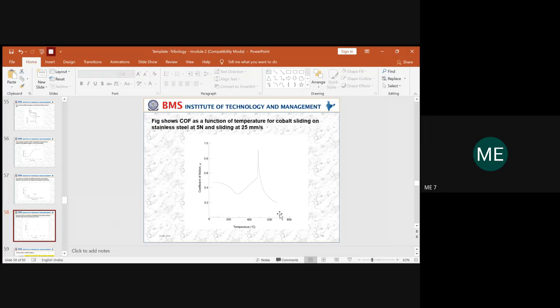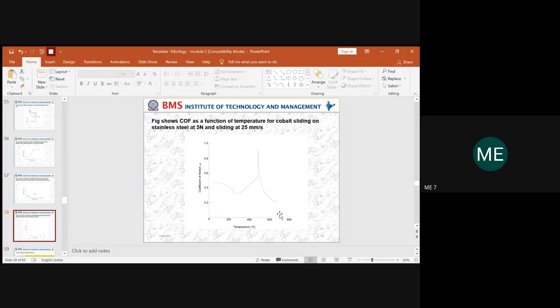We cannot always say that the material you are using at room temperature will have the same COF when it is used at a higher temperature. It keeps on varying. Sometimes you might get a peak value suddenly during the transition temperature of that particular material, because the material changes from one phase to another.